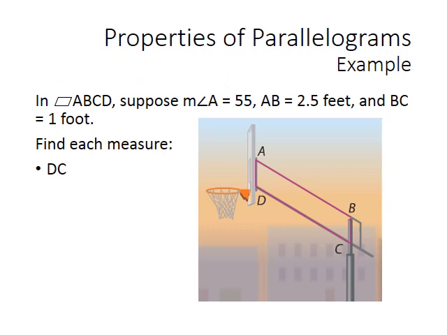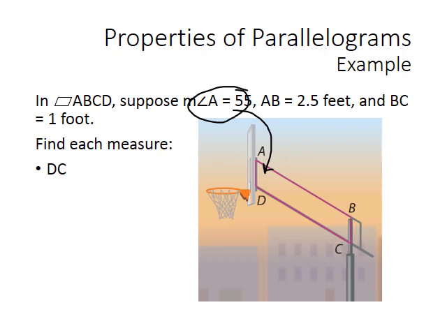Here are some real-life examples for you to get your head around these properties. In a basketball goal, we've got a parallelogram ABCD formed by the poles supporting the backboard. Suppose the measure of angle A is 55 degrees.